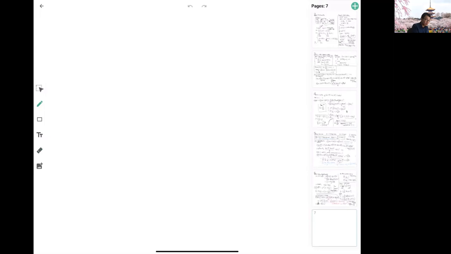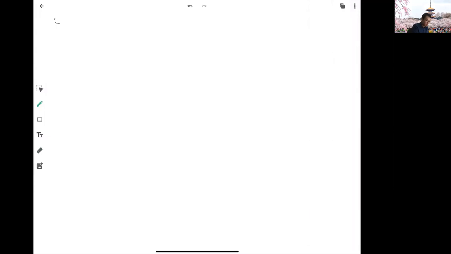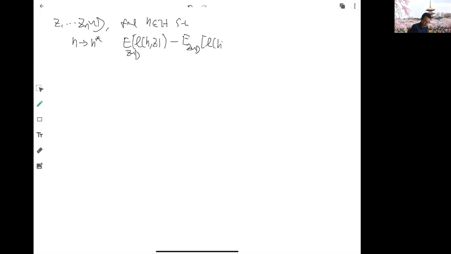At the beginning, we talked about the statistical learning setting, where we observe data points z_1 to z_n from some distribution D, and we want to find h from the hypothesis class such that h approaches the performance of h star, in the sense that the excess expected loss of h, when a new z is drawn from the same distribution, compared to h star, goes to 0.